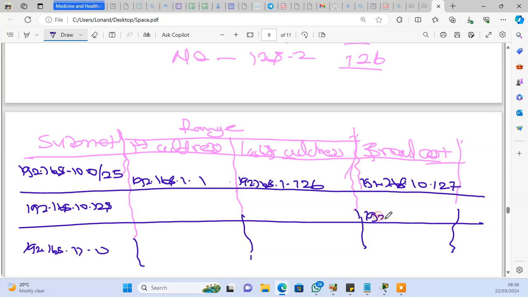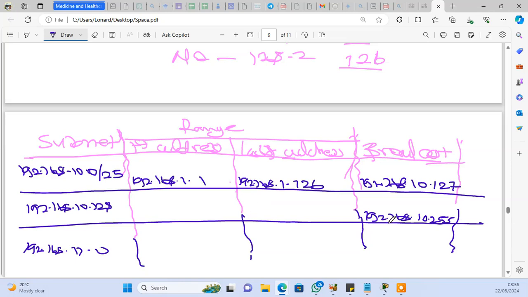So we have 192.168.10, then dot, because now if you borrow 1, it will actually be 256. So 256 subtract 1, you remain with 255.